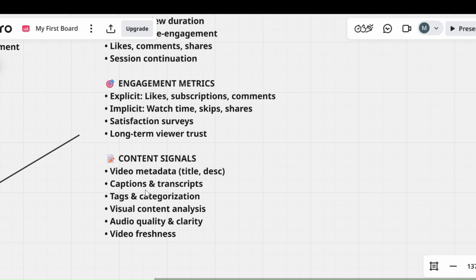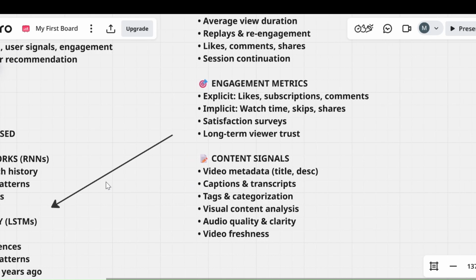Our video's category, visual and audio quality and clarity are important. And video freshness: the video topic or content, how fresh it is compared to other videos, a new thing you add to your video content.